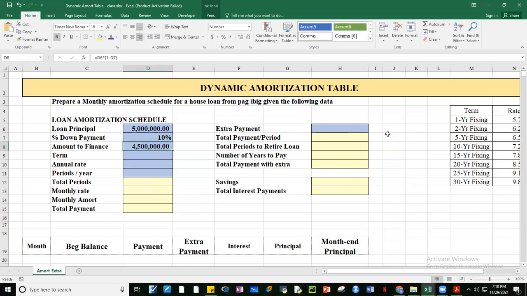Okay? All right. Now here in term, okay, could you kindly check if you have this, guys? If you have this drop-down list. If I drop this down, merong 1 year, 2 year, 5 year, 10 year, etc. Kindly chat, guys, if you have that in your worksheet. Okay. Thank you. That's good. Thank you so much. Now, do you know how to do this, guys? Okay.